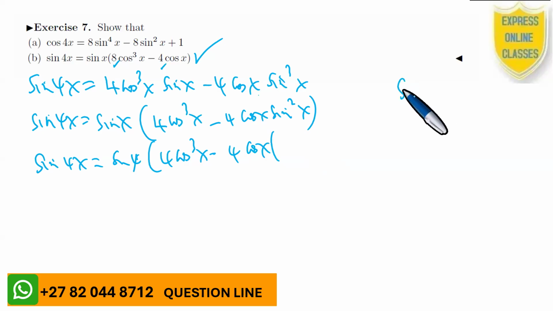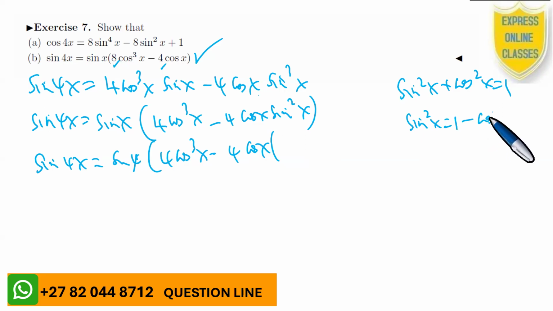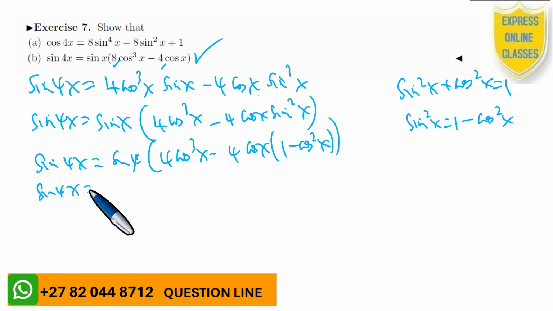The sine squared, you know that sine squared x plus cosine squared x is 1, which means therefore that sine squared x is 1 minus cosine squared x. Sine x times 4 cosine cubed x minus, so this one is minus 4.